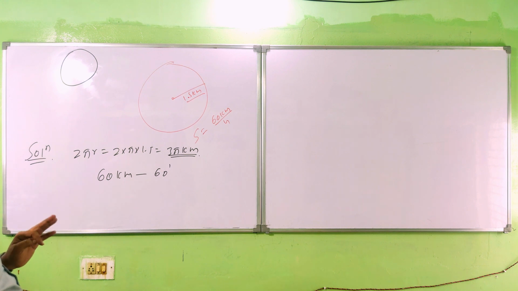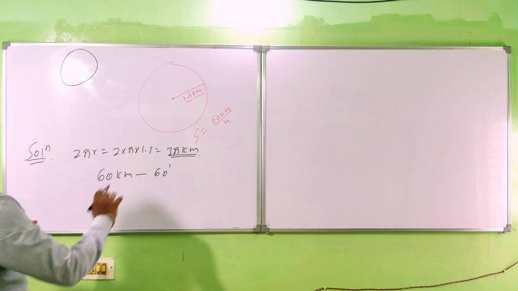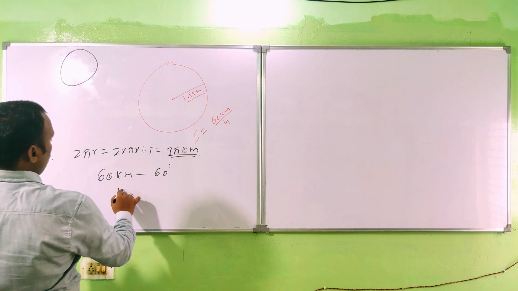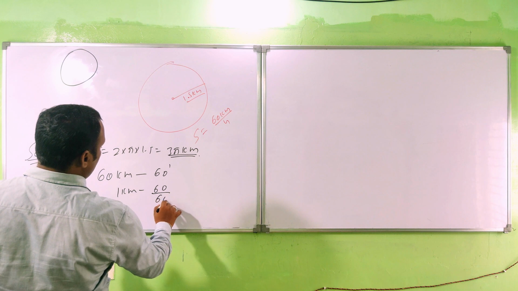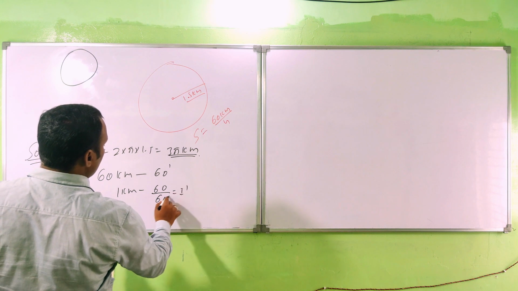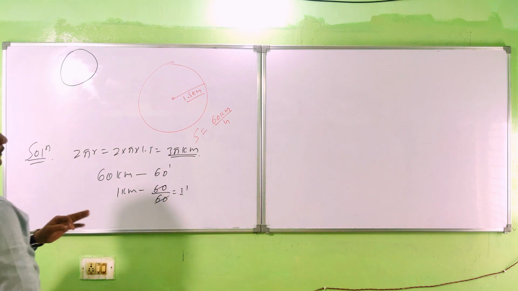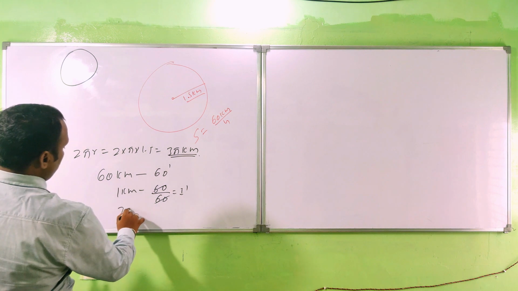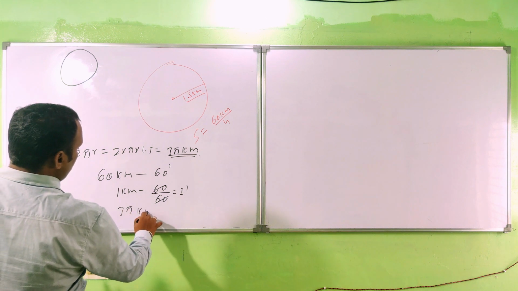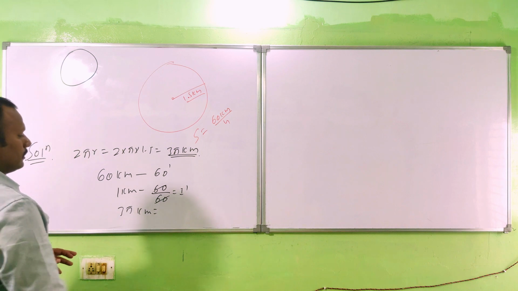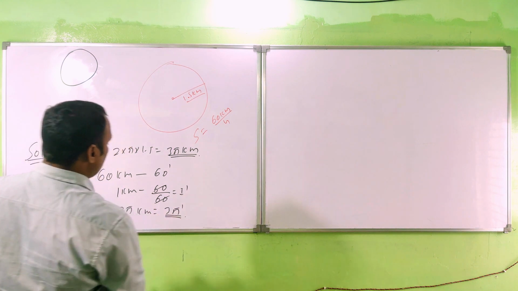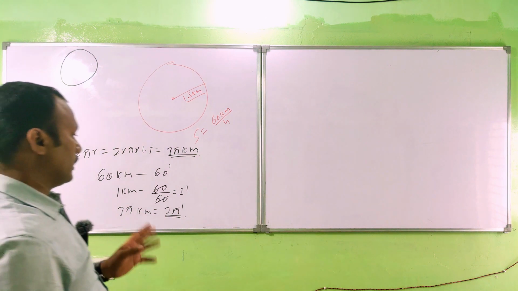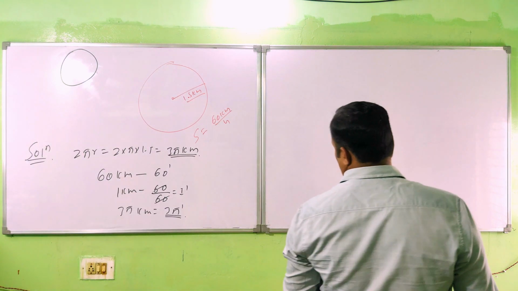I can write 1 km for 1 minute. For 3 pi kilometer, so it takes 3 pi minutes. For 3 pi kilometer, it takes 3 pi minutes.